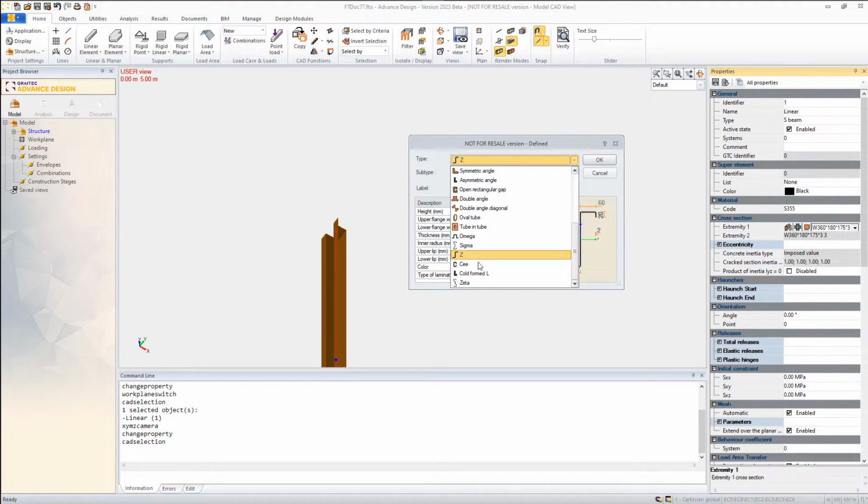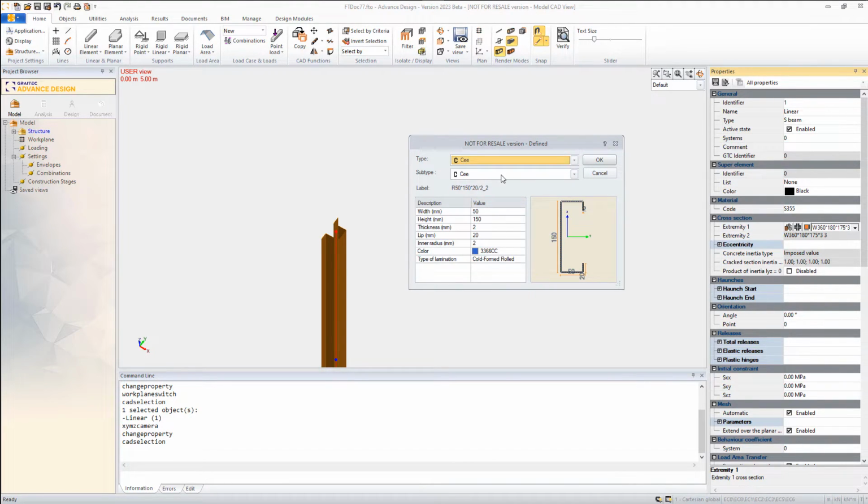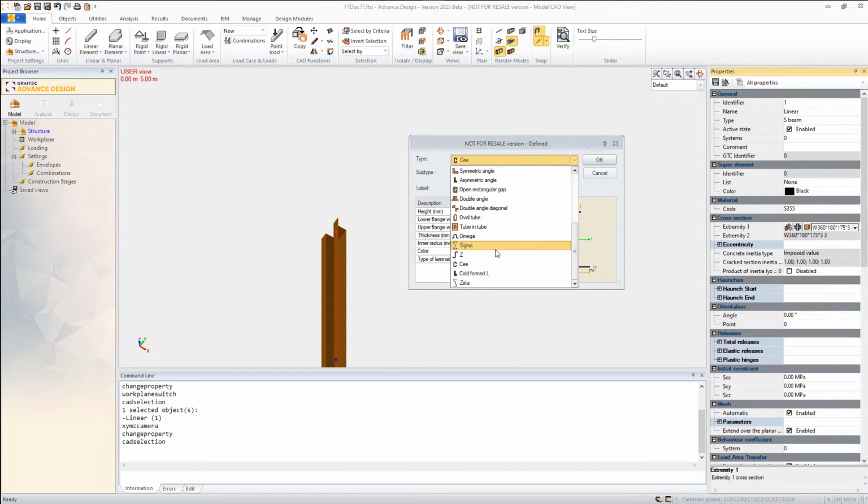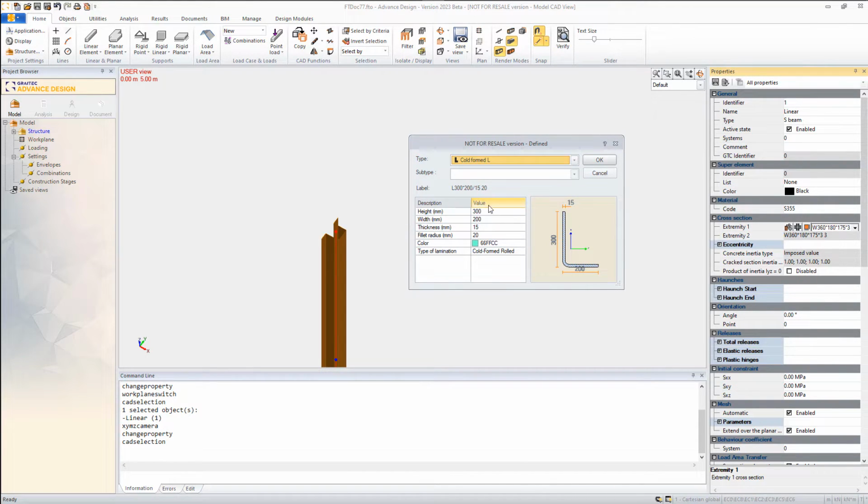You will have the channel, so the lipped channel, the asymmetric channel with lips, and the same with lips. You can have the angle section, so you can make it symmetric or not, because you have access to the height and the width. And you also have the zeta section.